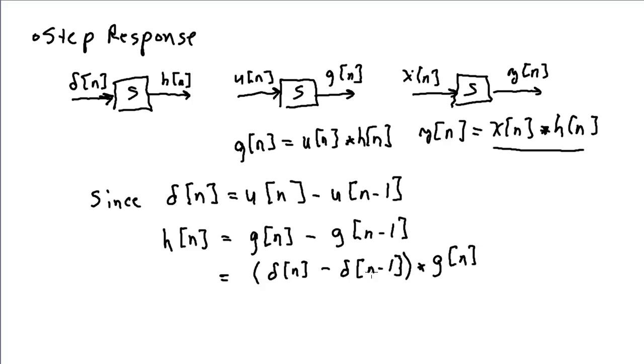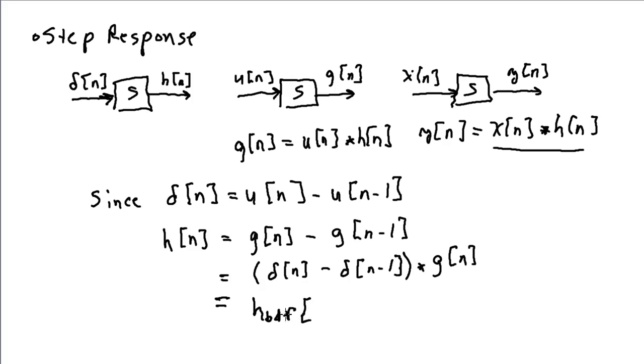G of n convolved with the shifted impulse just gives us the shifted function. So we can define this as the impulse response of a new system. We'll call it, using standard terminology, a backward difference system.